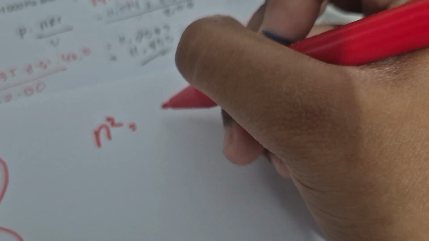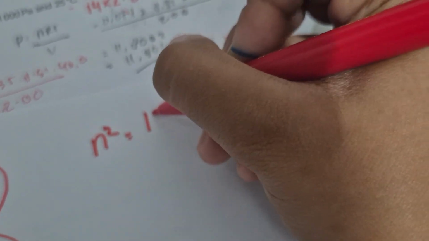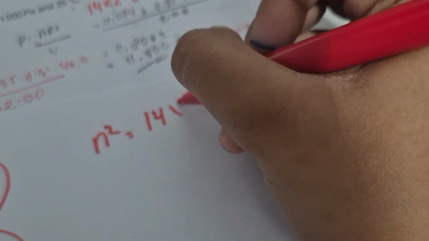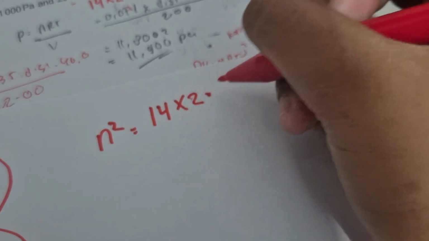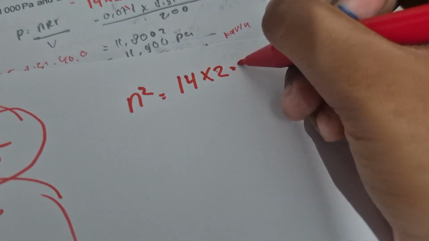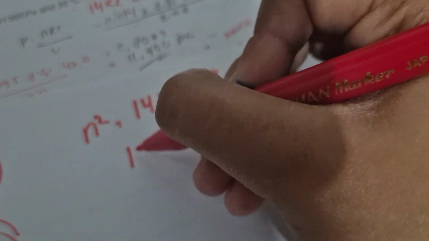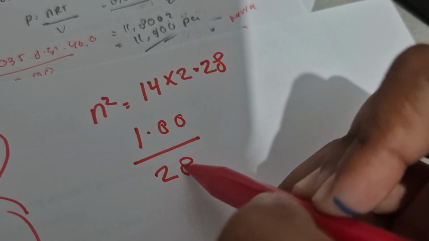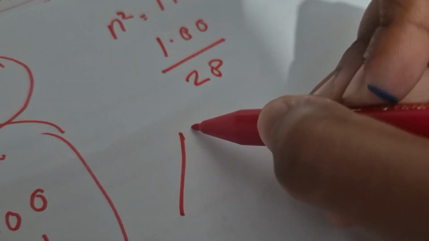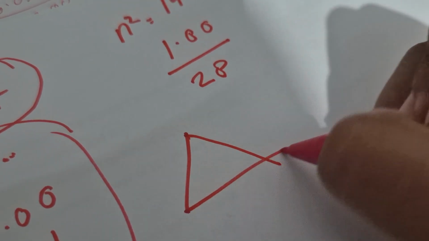So for the mole, we know it's nitrogen, and nitrogen is diatomic. So we're gonna multiply it by 2. So 14 multiplied by 2 is 28. And then 1.00 divided by 28. Why? Because it's based on the formula. I'll give you the simple one right here.